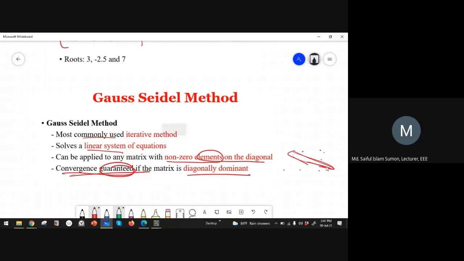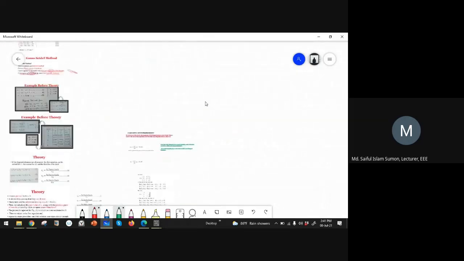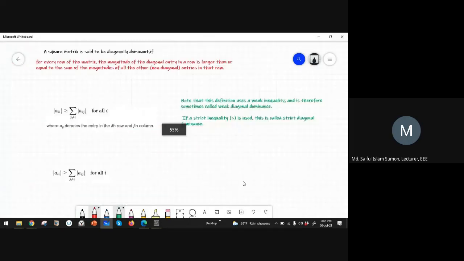Okay, so I hope all of you know what diagonally dominant is, but I'm going to just show you a little bit. It should be a square matrix. A square matrix is said to be diagonally dominant if for every row of the matrix the magnitude of the diagonal entry, suppose 3, okay. Suppose the matrix is something like this.